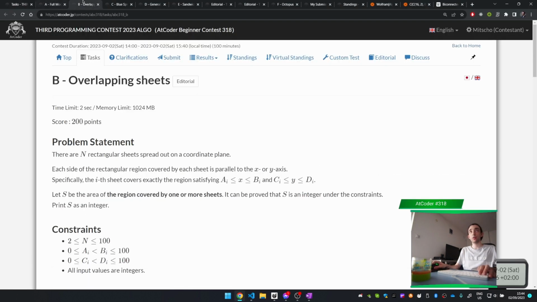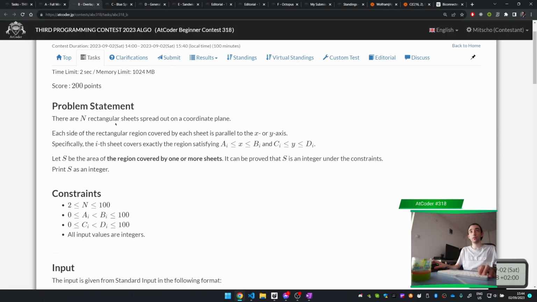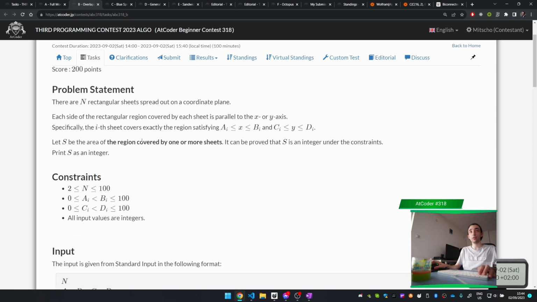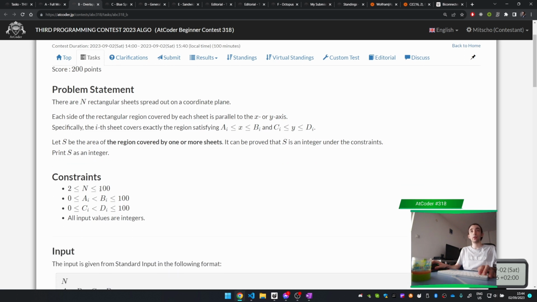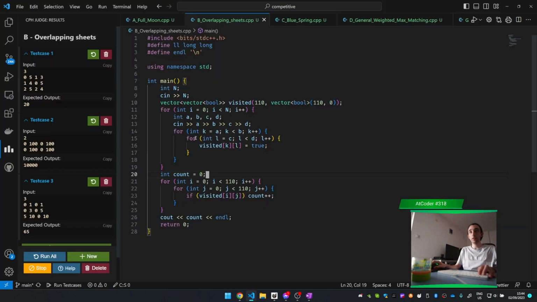Here there's the union of rectangles, the overlapping sheets. The union of rectangles is a very well-known segment tree problem, but here you don't need to do any segment trees. You just want to iterate from A to B and C to D. So just have a matrix that's 100 by 100, and then you just flip the bits that are on.